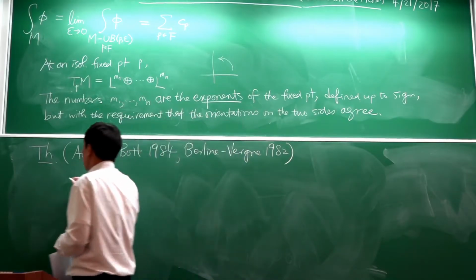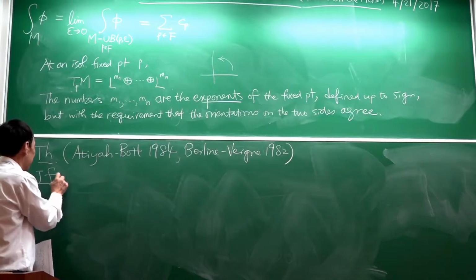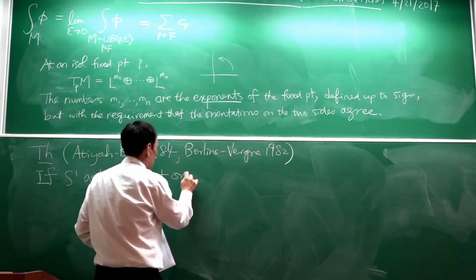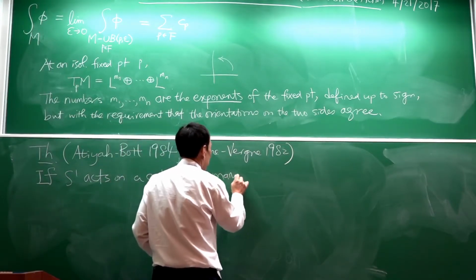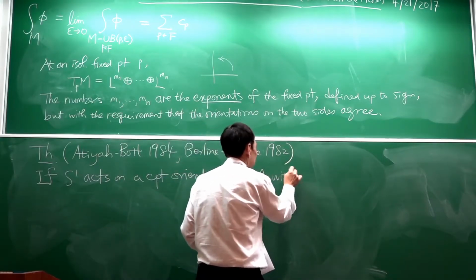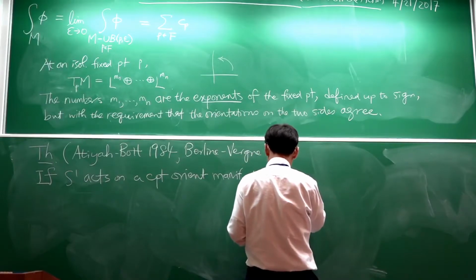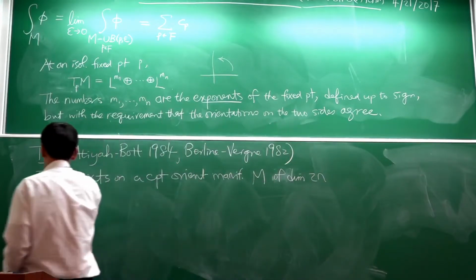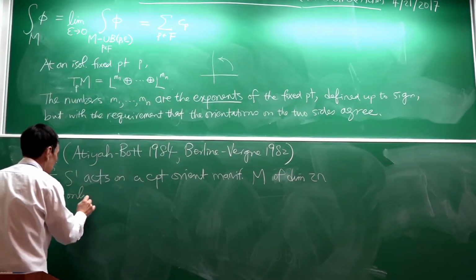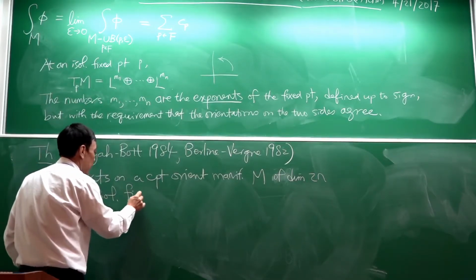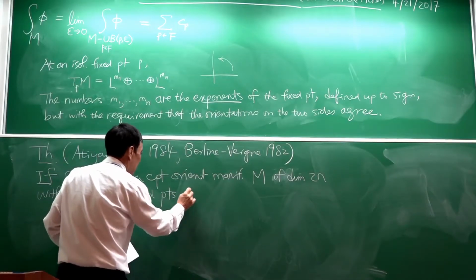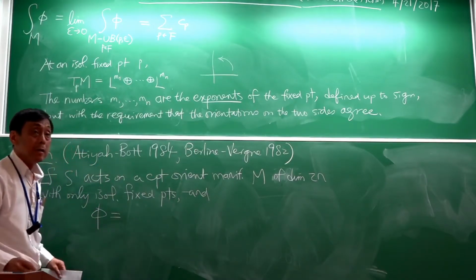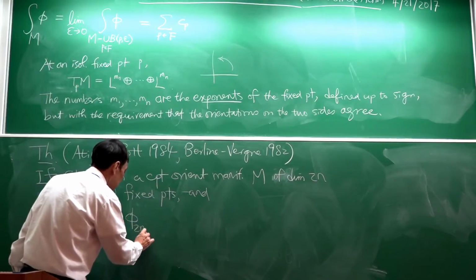So, you know, it's fairly recent. It says if S^1 acts on a compact oriented manifold M of dimension 2n, with only isolated fixed points, and phi is an equivariant form of degree 2n.